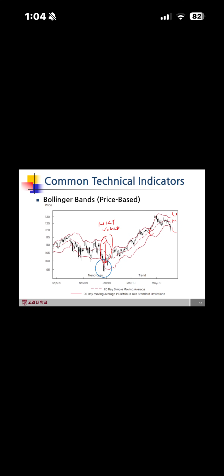This reflects the larger fluctuations in price, and when volatility decreases, the bands move closer together, indicating that price movements are becoming more stable. So you may also observe that the price sometimes touches or breaks through the upper or the lower band.